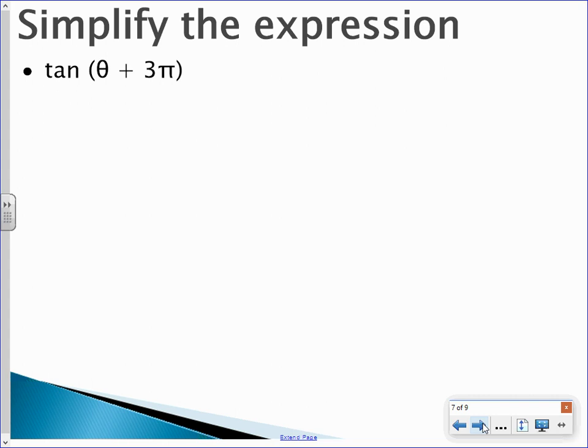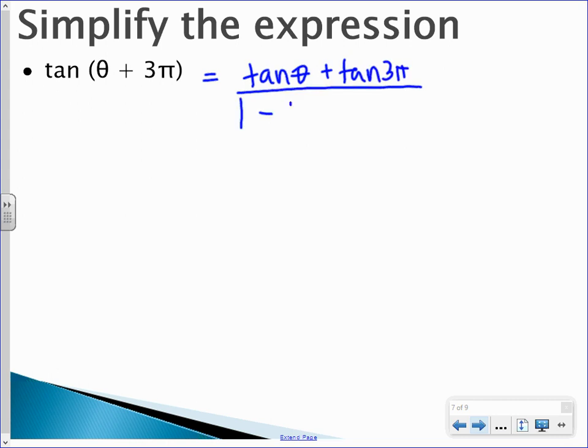All right, Lindsay L., what did you write down? I wrote tangent theta plus tangent 3 pi over 1 minus tangent theta times tangent 3 pi. Do you agree? Yeah, okay. I see some head nods.